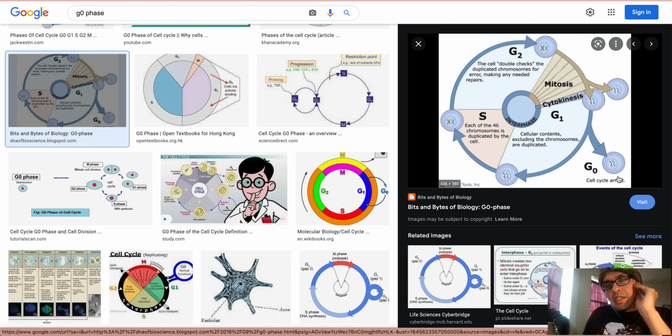The cell needs to divide, that's a fundamental function, but it needs to do other things, like a blood cell needs to carry blood, right? Other cells need to produce the right chemicals, so they'll be doing their work in the G0 phase, right? But in the G0 phase, there's the quiescent version, and then there's the senescent version, where the cell is stuck at the G0 phase for all of eternity until it dies for whatever reason.